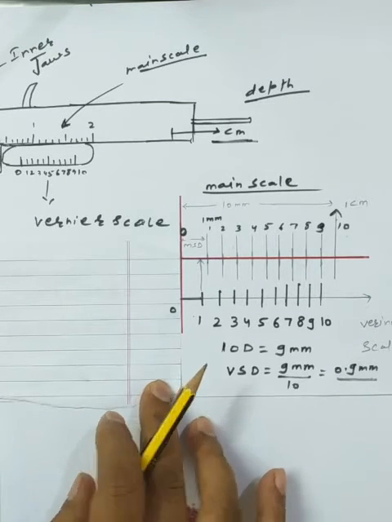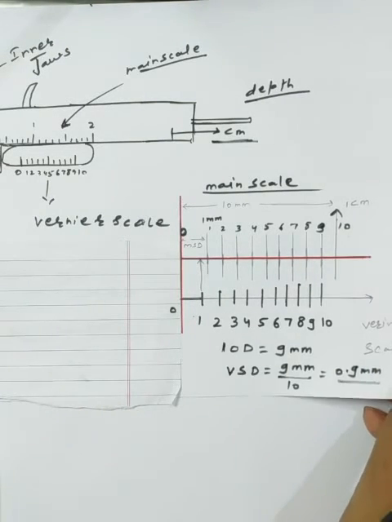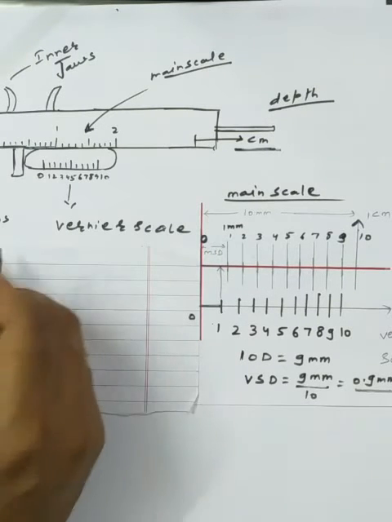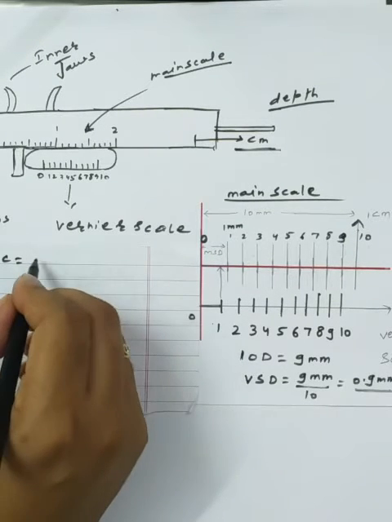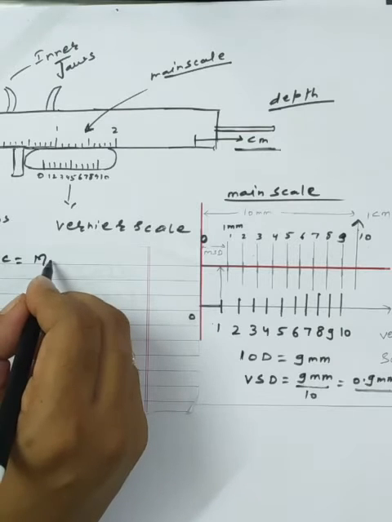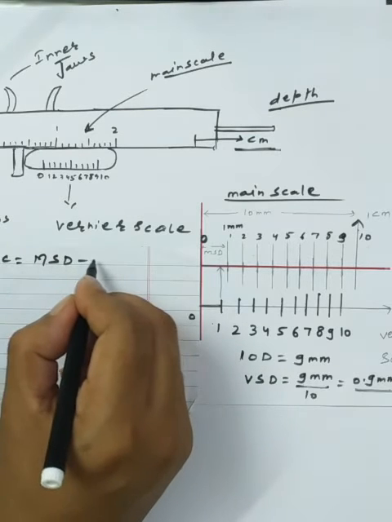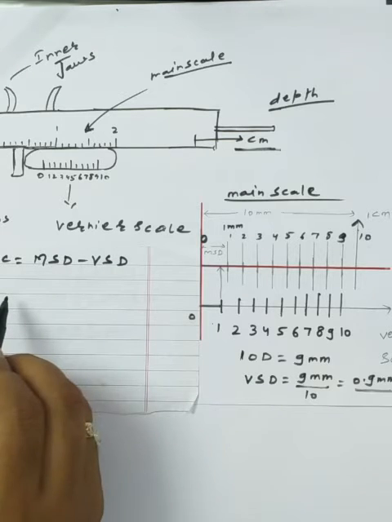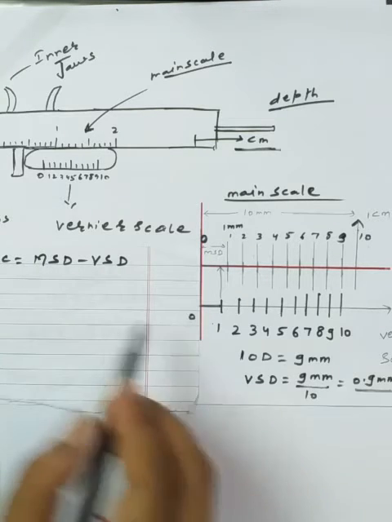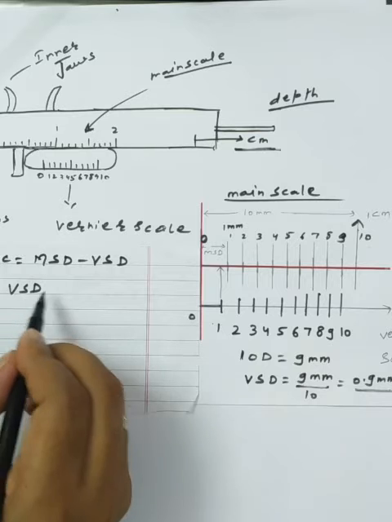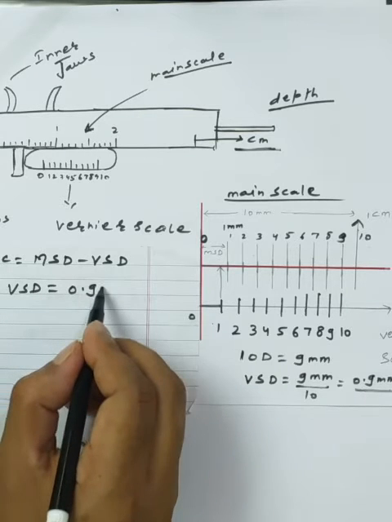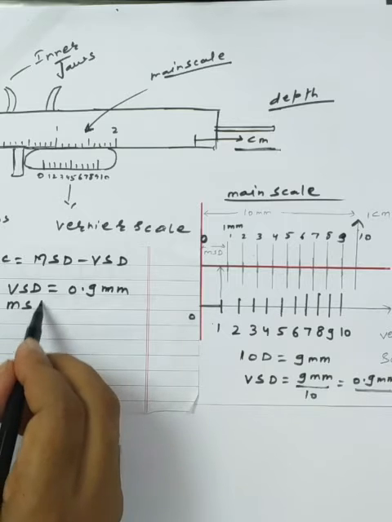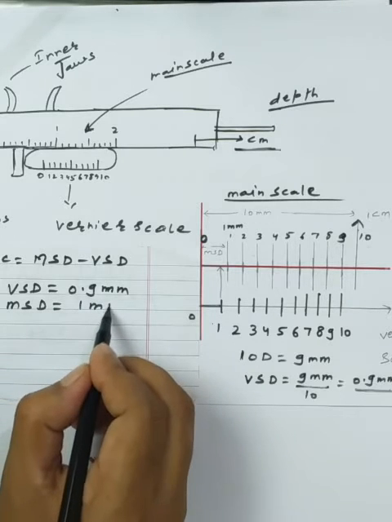So generally the least count of the vernier calipers is equal to the difference between one main scale division and one vernier scale division. We have noted that the value of one vernier scale division is 0.9 mm, and the value of one main scale division is 1 mm.